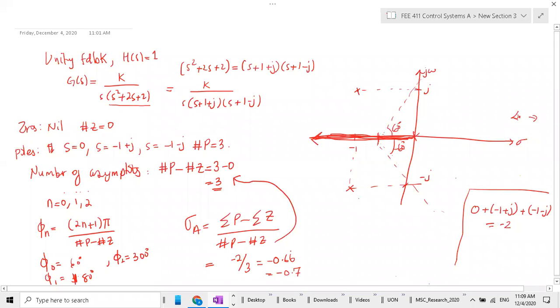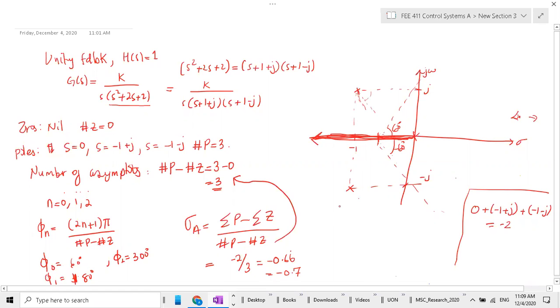So we know that this pole will follow that line, and also that pole will follow that line, but we don't know the angle at which this pole will actually leave, the departure angle. So we need to get this angle, the departure angle.